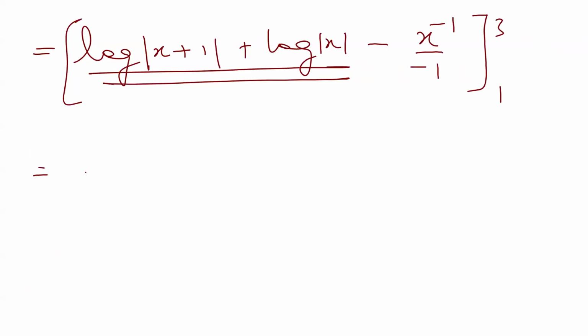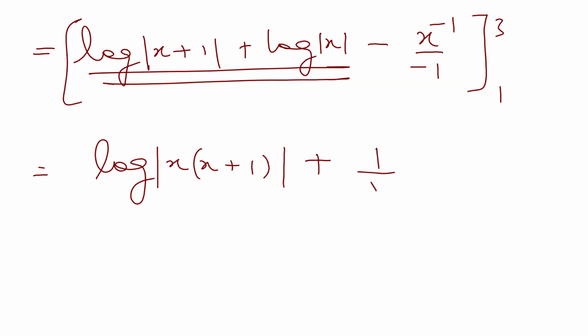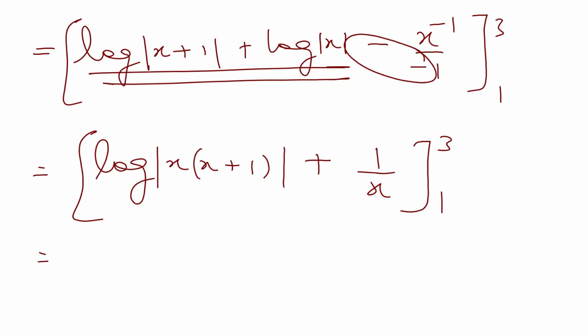Log a plus log b is log a into b. Plus 1 upon x. This minus minus is plus, and x raised to -1 goes down. It becomes 1 upon x. Now it is going to be box minus box.